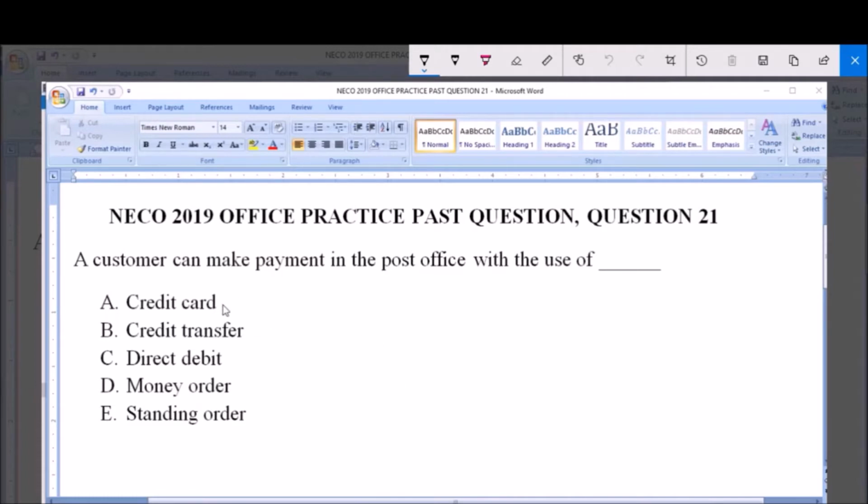A here says credit card. Now credit card is a payment card that is issued to users as a system of payments.